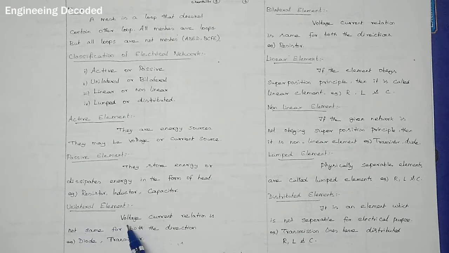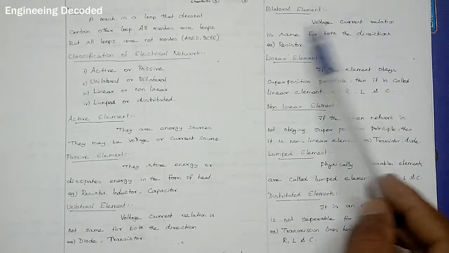Then unilateral element, if the voltage current relation is not same for both the direction, then that is called a unilateral element. Diode and transistor are the example. You know the graph of a diode. So during forward bias it will be traveling linearly, but during reverse bias only after breakdown it will start to conduct. So both sides of the graph are not the same. So such an element is called unilateral element.